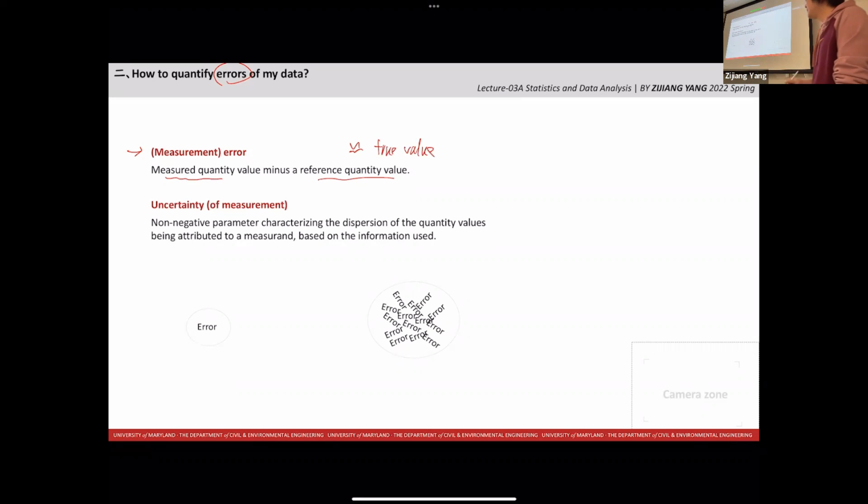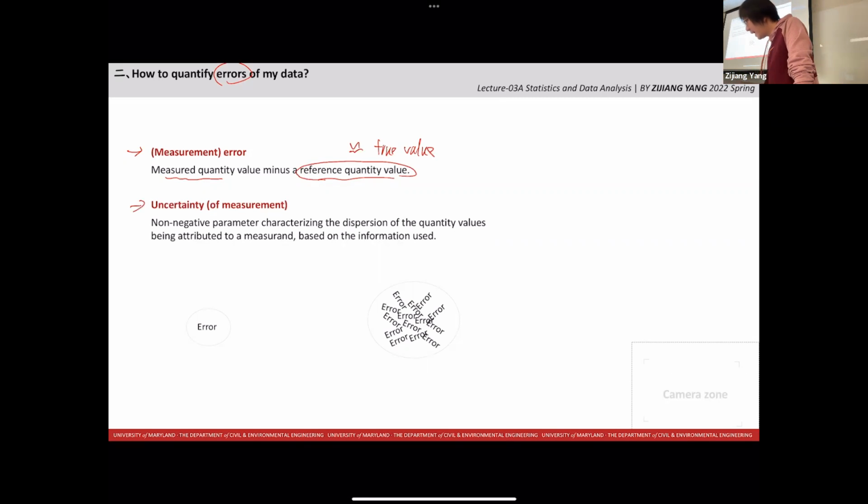In reality, we do not know the true value. So we may pretend, or make a solution and say that we know its real concentration, and then use the instrument to remeasure it and do the comparison. Under this situation, we call this a reference value.